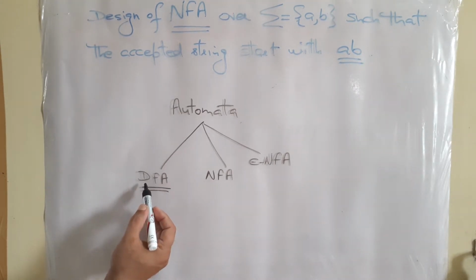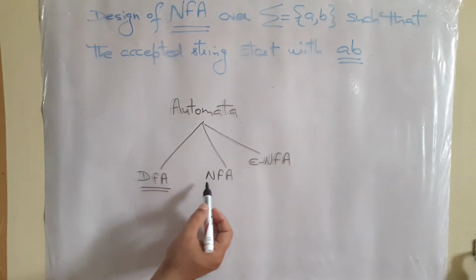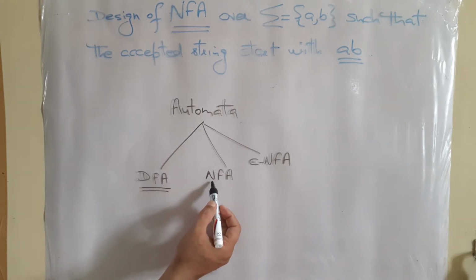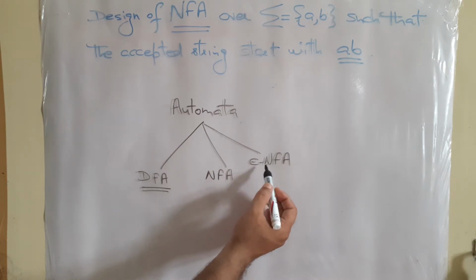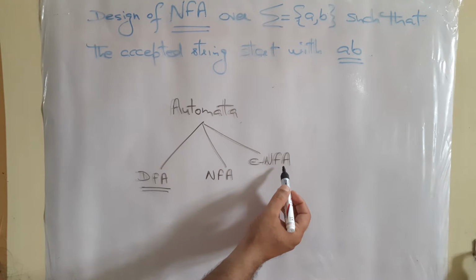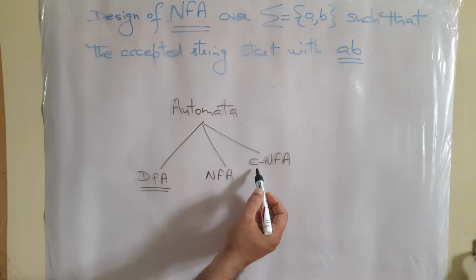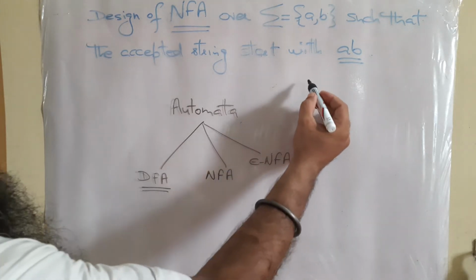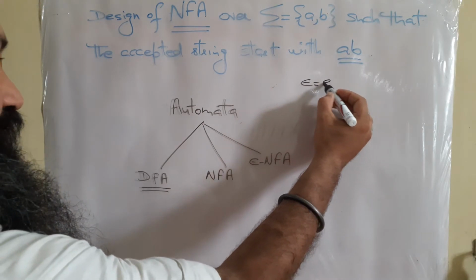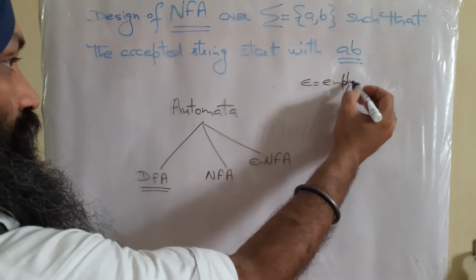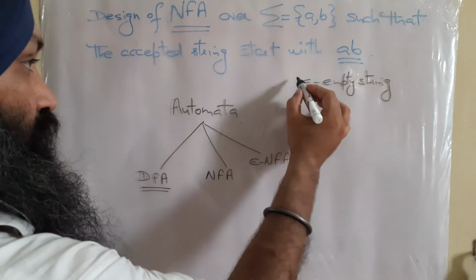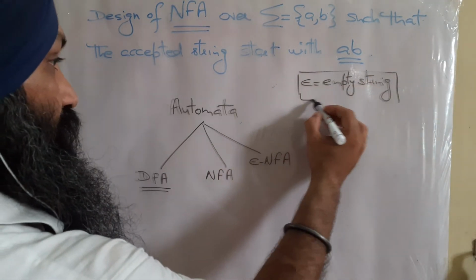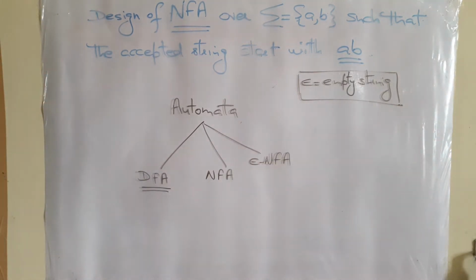DFA is deterministic finite automata, NFA is non-deterministic finite automata, and this is epsilon non-deterministic finite automata, and epsilon is related with the empty string. Remember, epsilon means empty string, when the length of the string is 0.